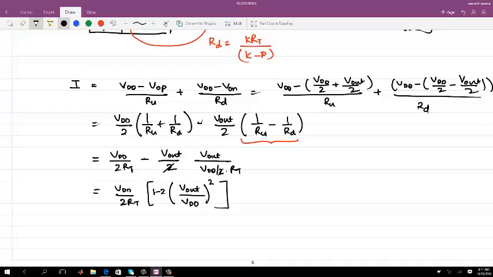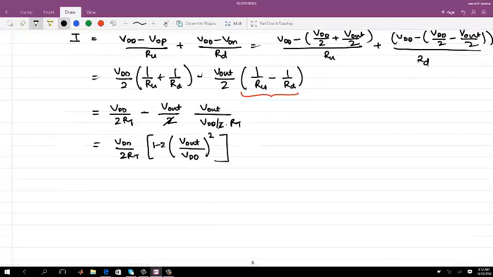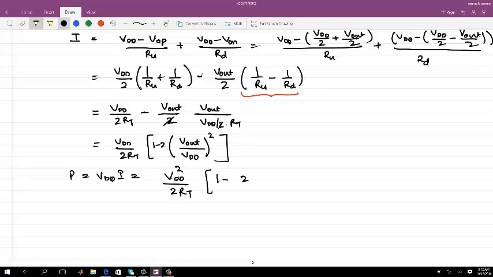So what you see here is that the current is scaling in a quadratic fashion with respect to the output swing. Okay. And what will be the power consumption? That is VDD times I, which is VDD square by 2RT into 1 minus V out by VDD whole square. This is the power consumption.